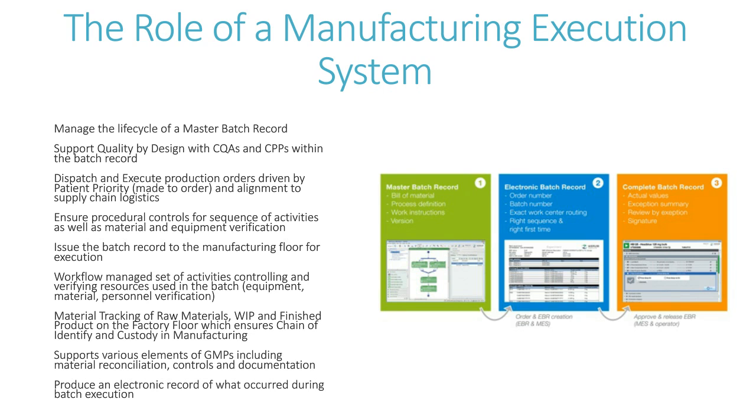Workflow is managed by a set of activities, verifying resources to the batch, including equipment, resource, material, personnel. We track material, whether it be raw materials, WIP, and finished product on the factory floor. So a lot of folks will say, well, isn't my ERP system doing that?